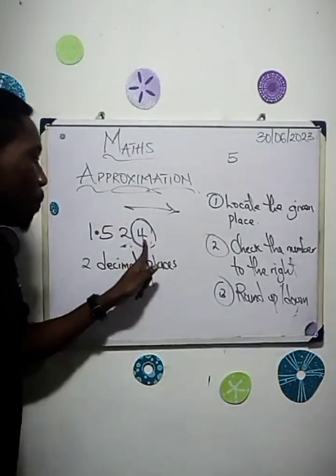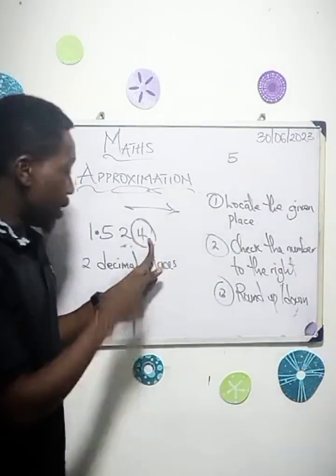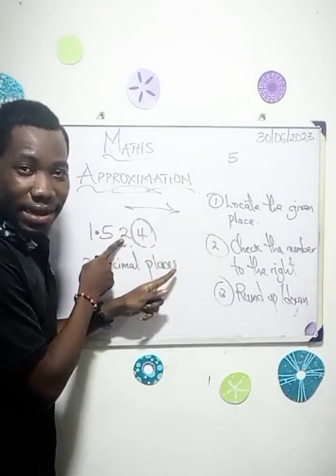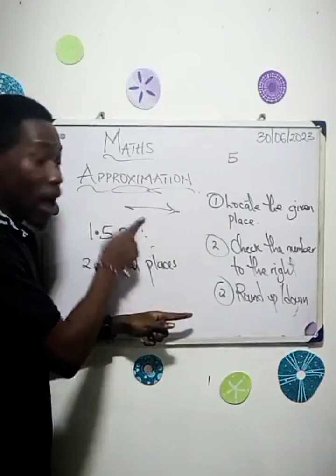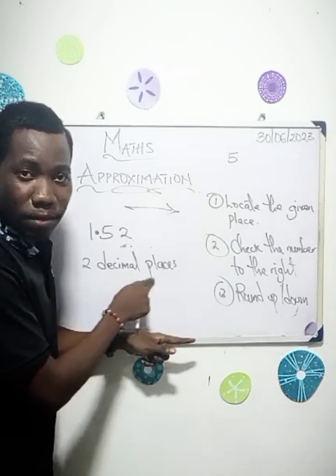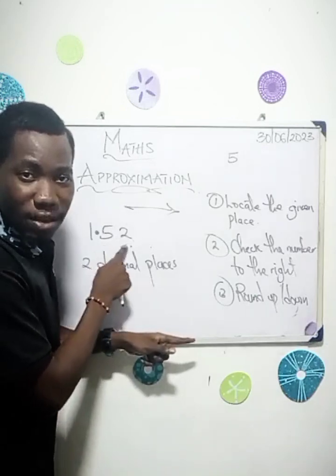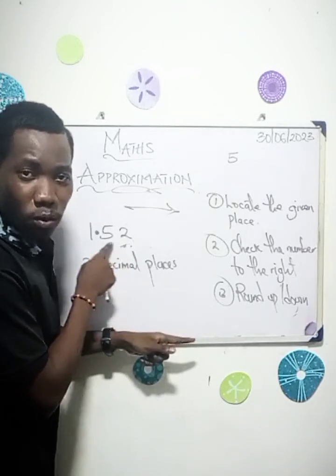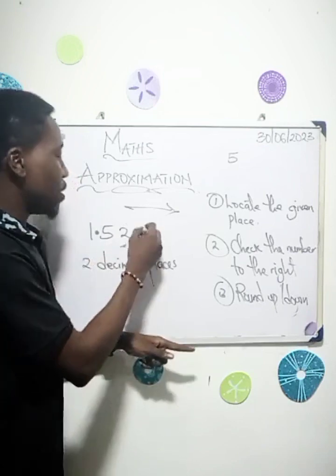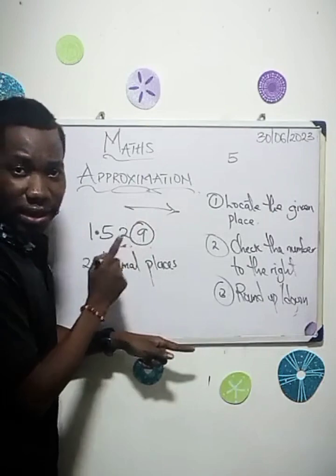So you have 1.524 now. In this case, the next number is 4, so we are rounding down, which means we are not adding anything here. So we're just going to wipe this off. And according to the question, we have only 2 decimal places. In other words, only 2 numbers after the decimal point is what we are asked to give. And what are the 2 numbers in this case? 5 and 2. But in the first case, it was 9 that we had here.